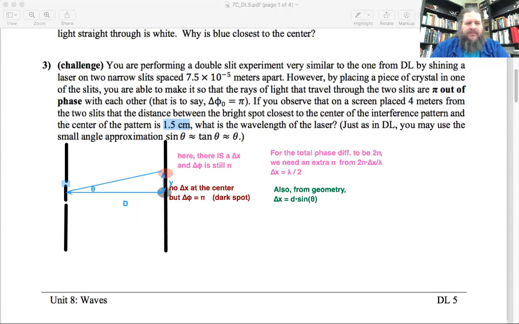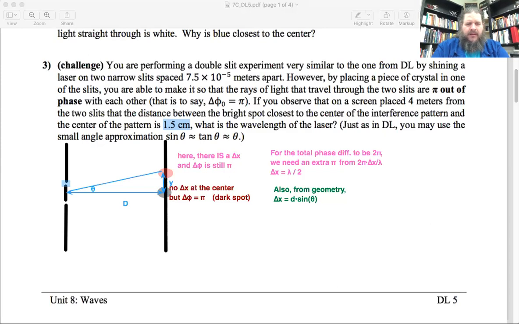So we can say tangent of theta is y over big D. However, the formula we have for delta x involves sine theta, not tangent of theta. But sine theta would be y over the hypotenuse. And if this is a very narrow triangle, the hypotenuse is almost the same as side big D anyway. So we can say that for a very small angle, tangent of theta is approximately sine theta anyway.